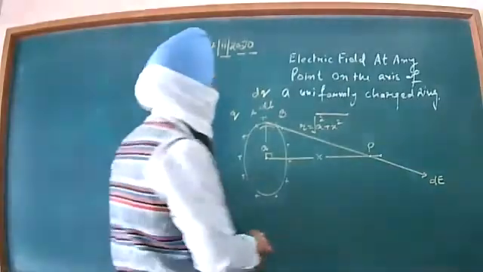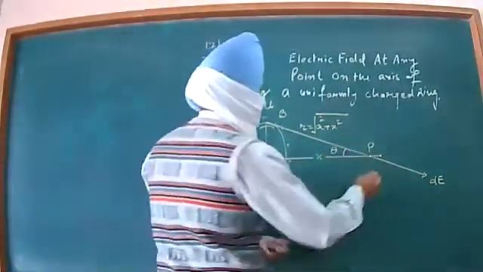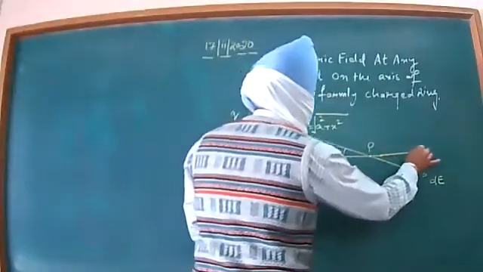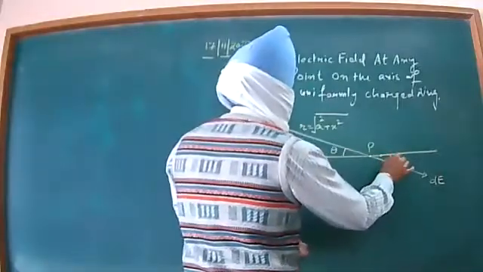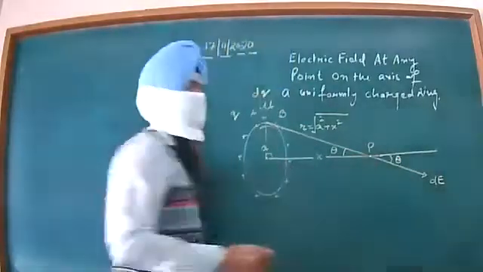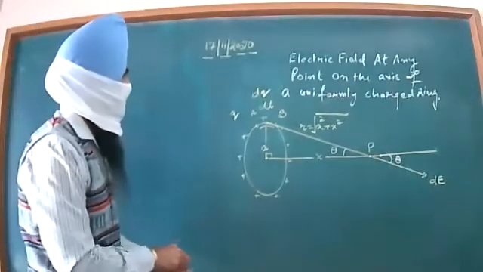Then beta, furthermore, you can imagine that this is angle theta. And if this angle is theta, dear, then obviously we can say that this angle will also be theta on the basis of the geometrical properties you have studied in your old classes.